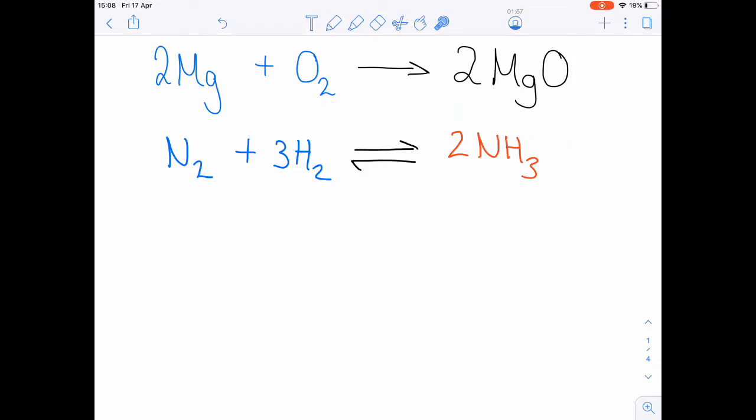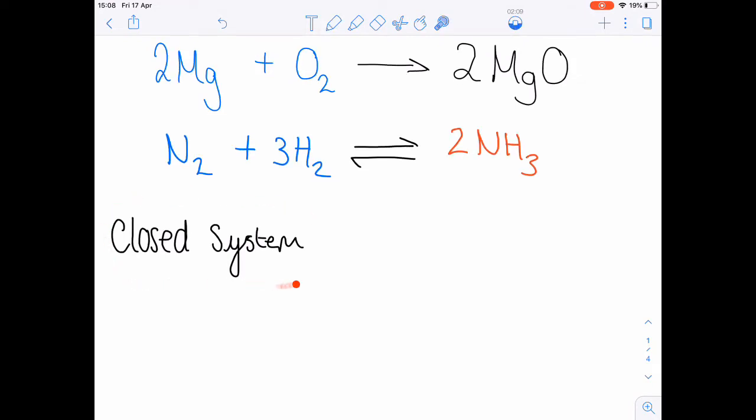Now, if we were to keep this reaction in something called a closed system, that means that our temperature and the pressure can't change. If it's in a closed system for long enough, the rate of that forwards reaction going that way would equal the rate going that way.